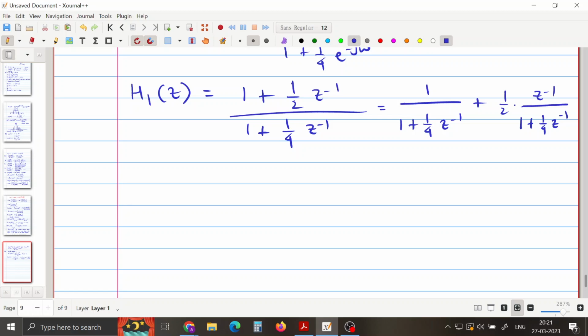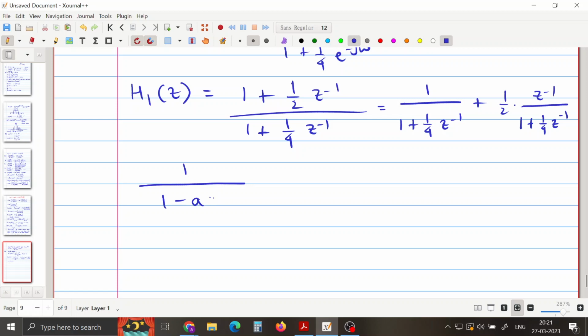It's a sum of two terms, H1 of Z, and these two forms we have already seen before while discussing the Z transform, and we know how to go back to the time domain sequence from this Z domain. The inverse Z transform we already know, but still for clarity I am writing it.